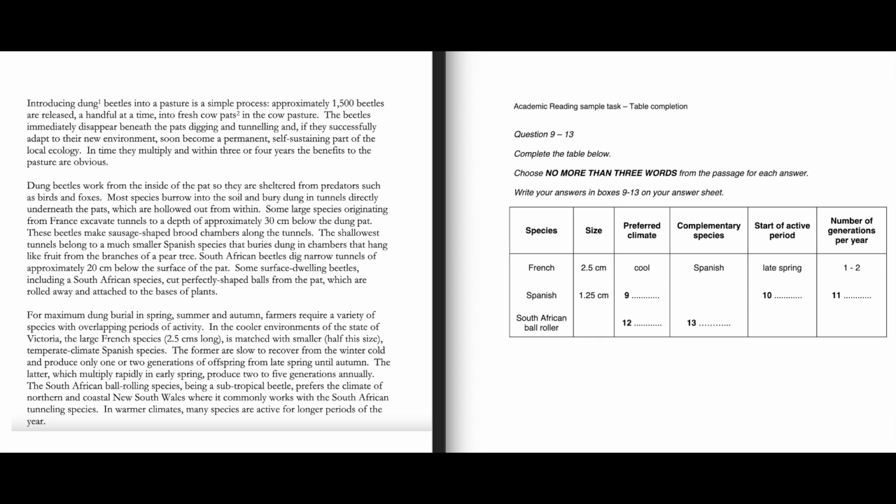So you should not only look for exact words but also focus on the meaning. Being a subtropical beetle means they prefer a subtropical climate. So the correct answer in this case would be subtropical.